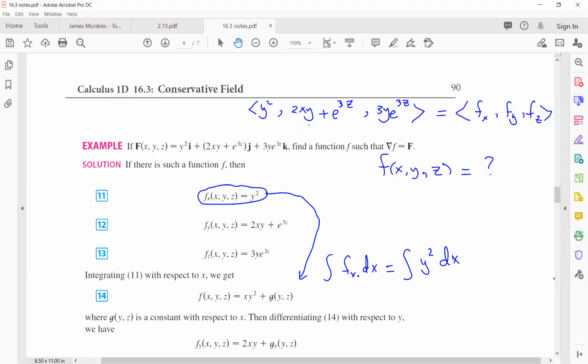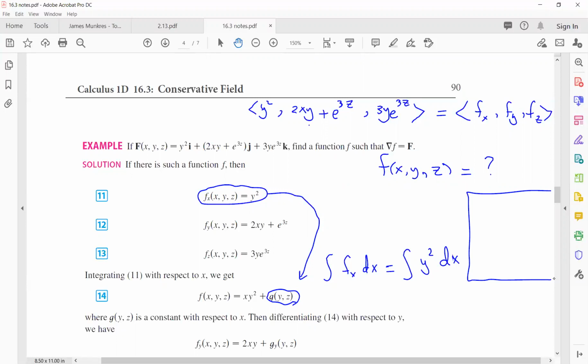Integral and partial derivatives are opposites of each other, so you can cancel these two out. The outcome is equal to your function, f of x, y, z. The integral of y squared with respect to x is x y squared plus the constant of integration, which is a function in 2 variables, y and z. How do we see that?